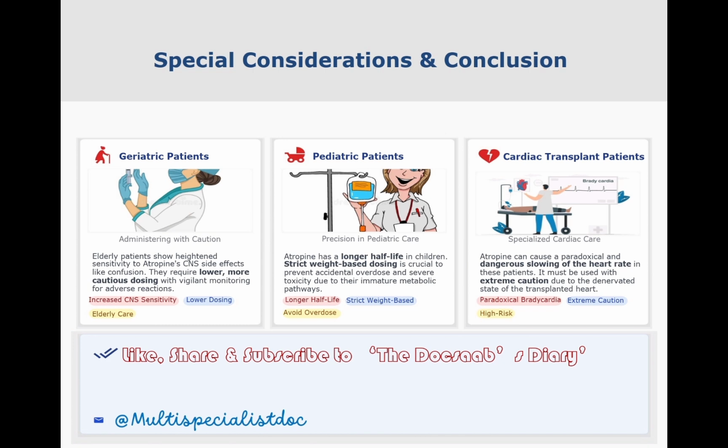A unique and critical consideration involves patients who have undergone cardiac transplantation. In these individuals, atropine can paradoxically cause a severe and sustained slowing of the heart rate due to denervation of the transplanted heart. Its use in this population should be approached with extreme caution or avoided altogether.